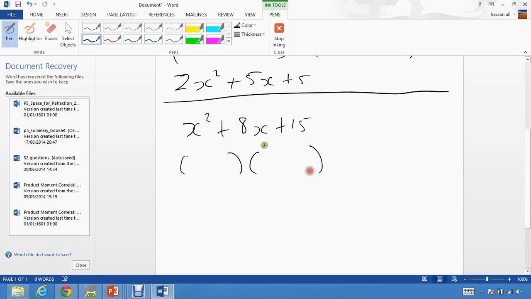Now remember, the way I teach it is that just think of AM. Put down AM straight away on top of these numbers here. M stands for multiply, so you just need two numbers that multiply to give you 15. That would be 1 and 15, 3 and 5. Which one of those add to give you 8? 5 and 3.